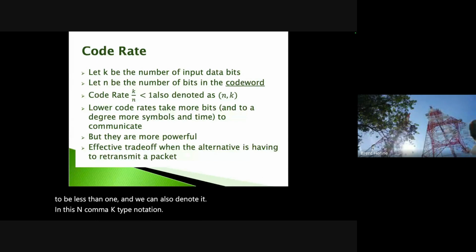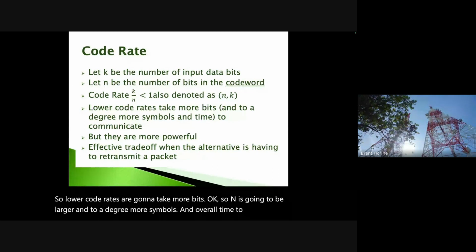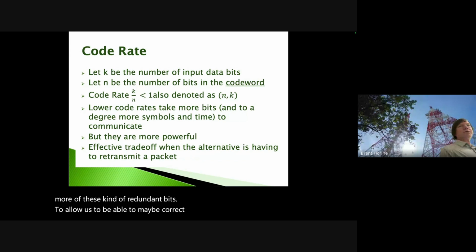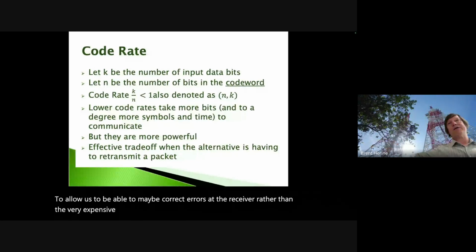Lower code rates are going to take more bits, so N is going to be larger, and to a degree more symbols and overall time to transmit, but they are more powerful. We're including more of these redundant bits to allow us to maybe correct errors at the receiver, rather than the very expensive process of telling the transmitter to resend that data.